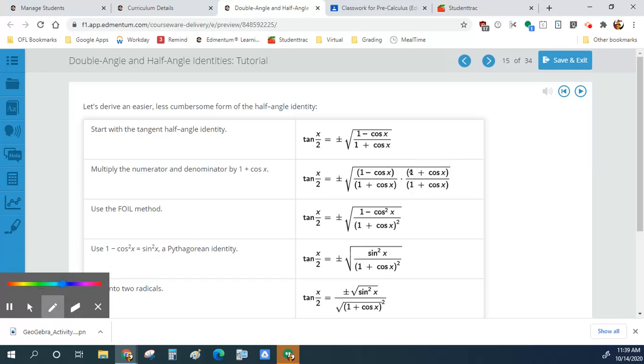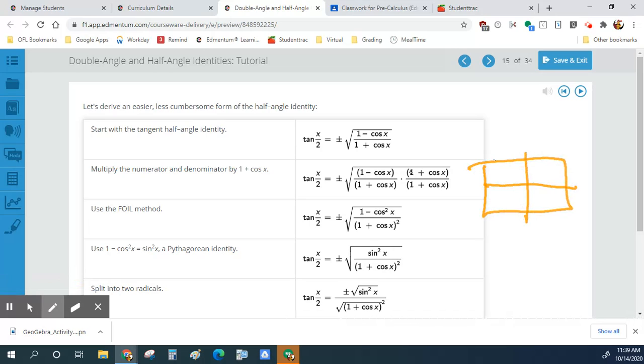If you were to multiply this kind of using the box method, 1 minus cosine theta times 1 plus cosine theta. We get the squareds later. This becomes 1. This becomes cosine theta.